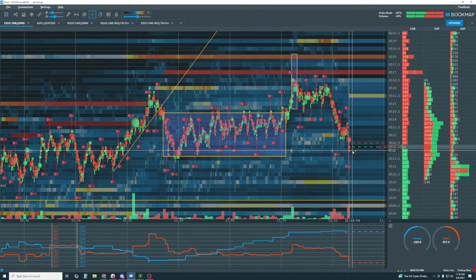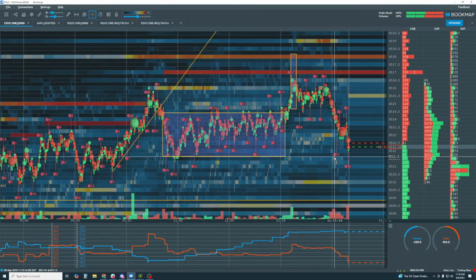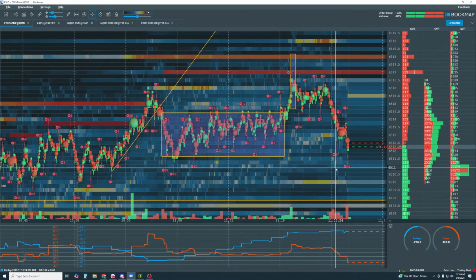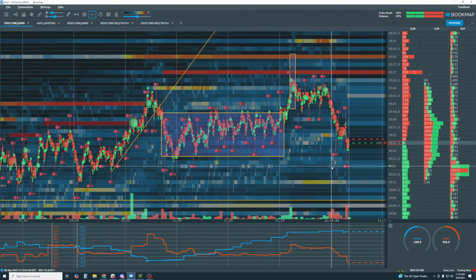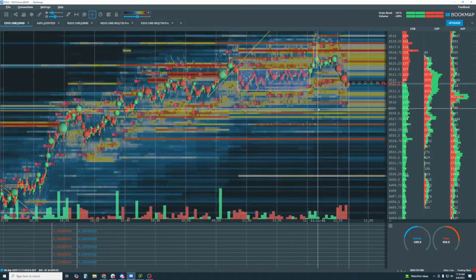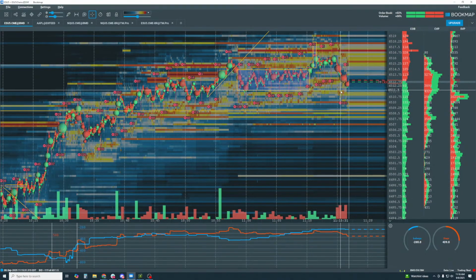So yeah, we're getting our move lower. We're getting a bigger stop run there. Nice. A little bit lower here, somewhere around 10 to 11, maybe. Eleven and a half.